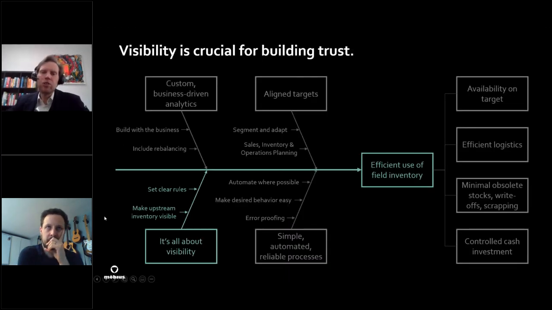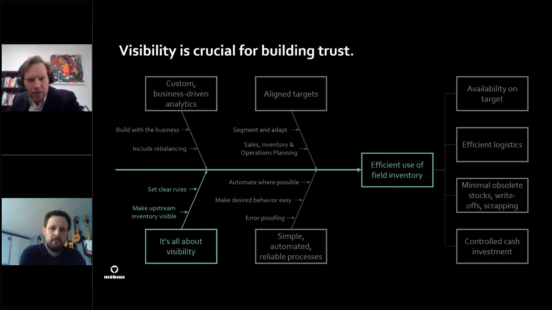Then there is still building the trust of people that actually the system is running well and that they will not run short, right? There is a lot of sensitivity around availability. So to respond to that sensitivity and uncertainty around availability, you can work on visibility. Visibility is, first of all, setting clear rules, making clear what the field can expect, right? If I promise, what do I promise?